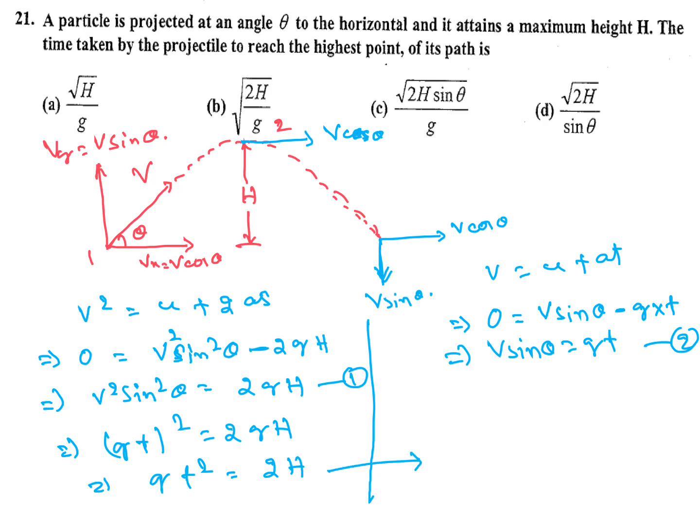So we'll get t square equal to 2h by g, or t equal to root over 2h by g, the time. So from options, B is our answer.